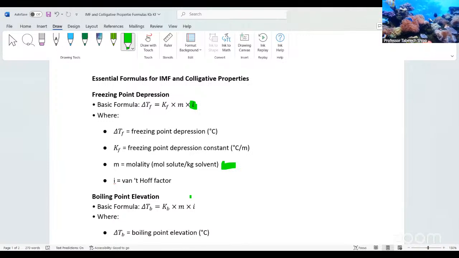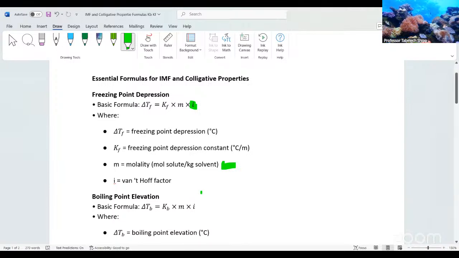If it's in grams, which more than likely it will be, you'll have to convert those grams to moles by simply dividing by the molar mass. So you would have to know the molar mass of whatever the solute is. And then your solvent is water, and you would have to know the kilograms of that.